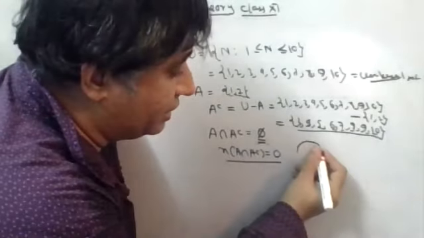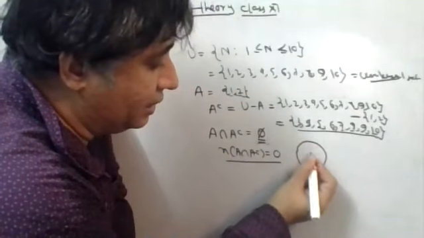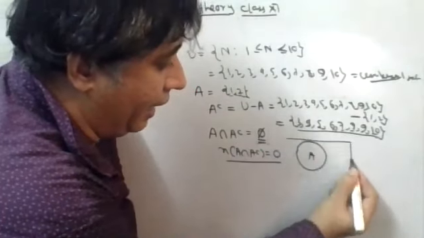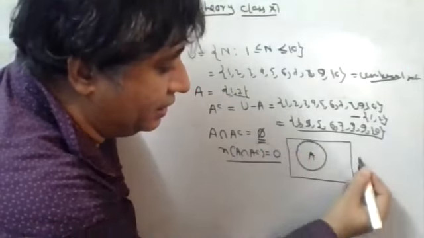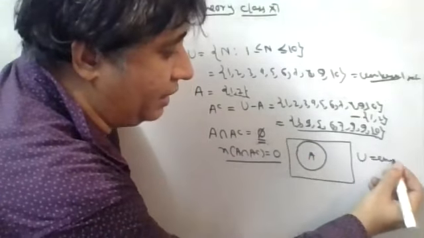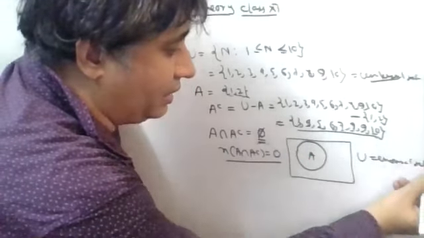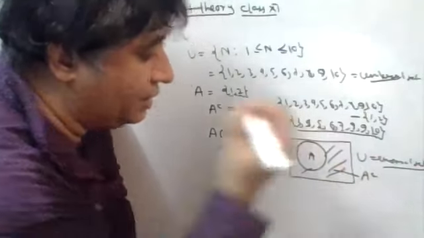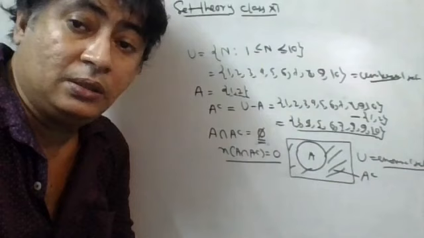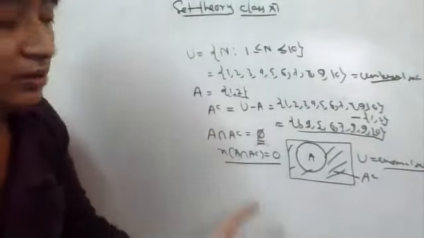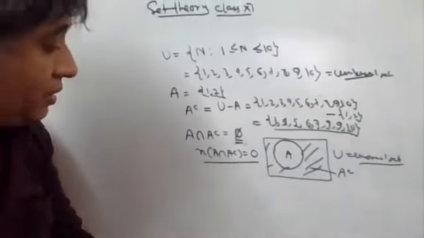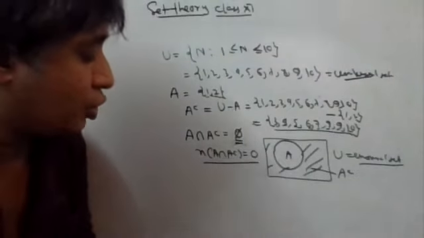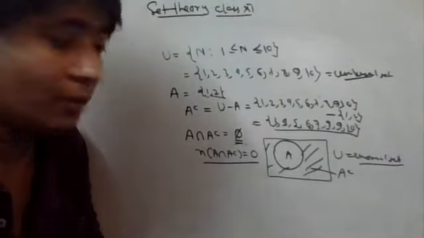If I consider this a set A, and I consider this region as the universal set, then the remaining part will be considered as A complement. Hope you understood a set and its complement.